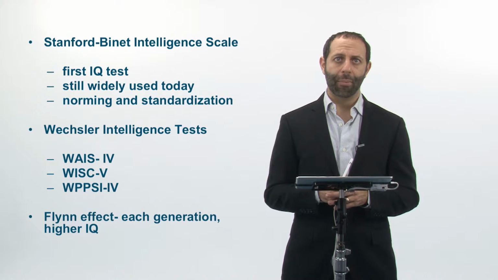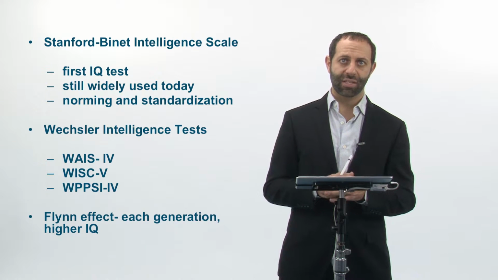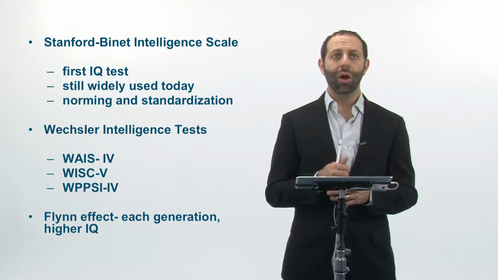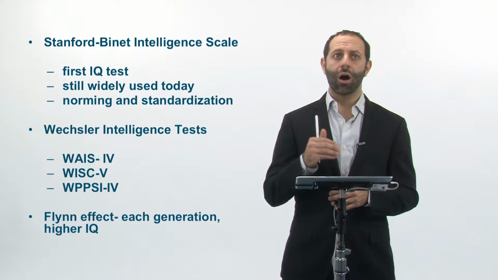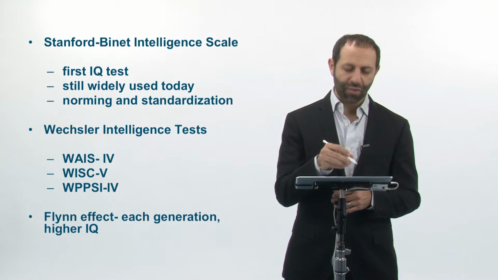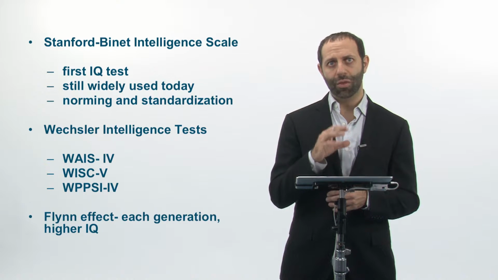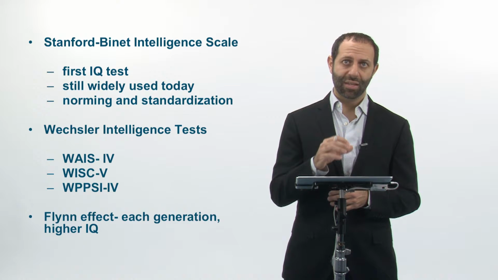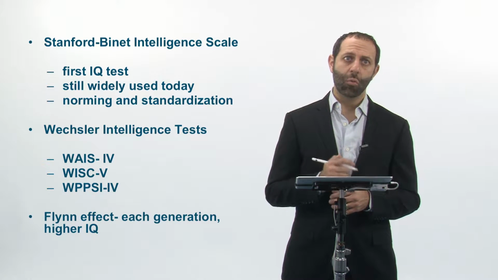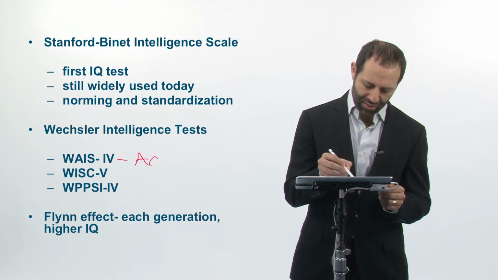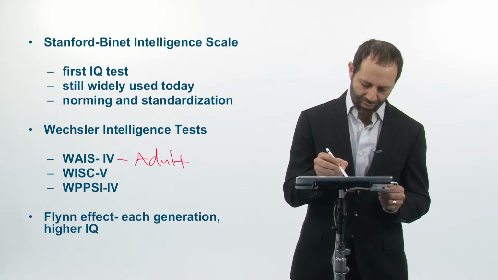Another very popular and widely used set of intelligence tests is that developed by Wechsler. The Wechsler intelligence tests are organized by age, and there's more than 3, but 3 standard basic tests. The first is the Wechsler Adult Intelligence Scale. That's the WAIS. It's for adults.